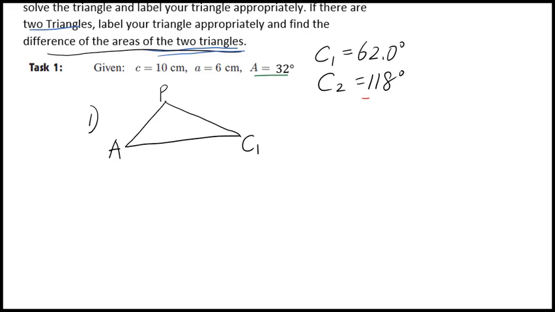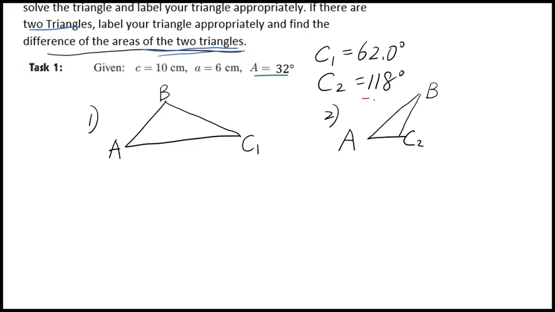Then this is B. For the second triangle, you will draw like this. This one is shorter, so go this way. This will be C2. Here is A. Then this is B. That's how you draw the triangle with C2.